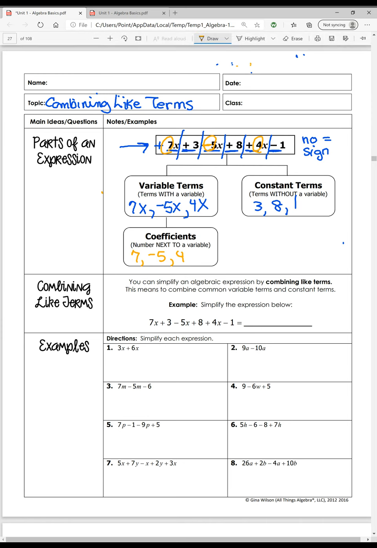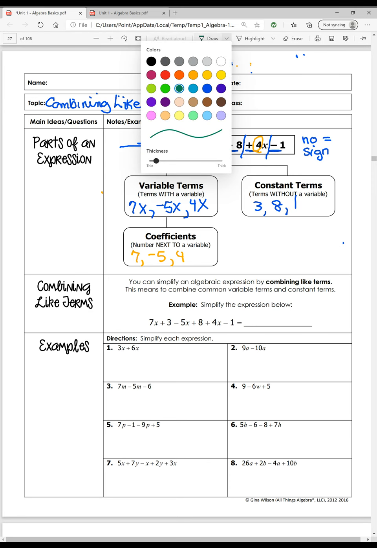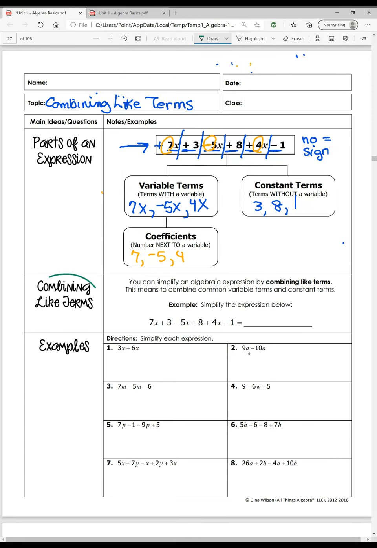So now let's look at some expressions and see if we can simplify those expressions by combining like terms. First, looking right here, you can simplify an algebraic expression by combining like terms. This means to combine common variable terms and constant terms. So we are asked to simplify the expression below.